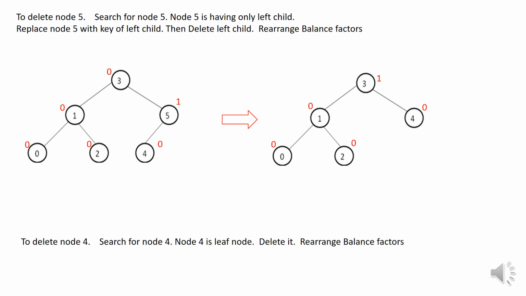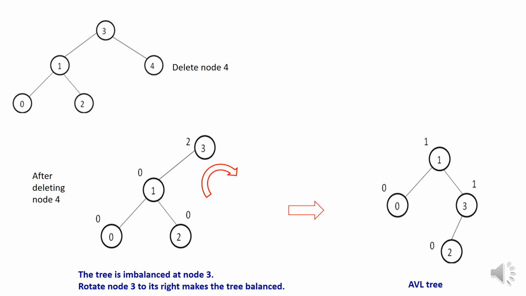Readjust balance factors and check them. As the balance factors are not exceeding 1, we got a height balanced binary search tree. It is an AVL tree.